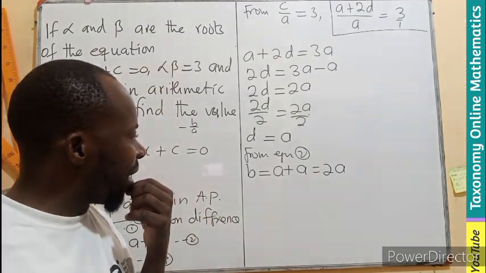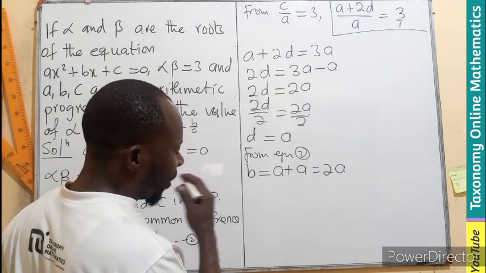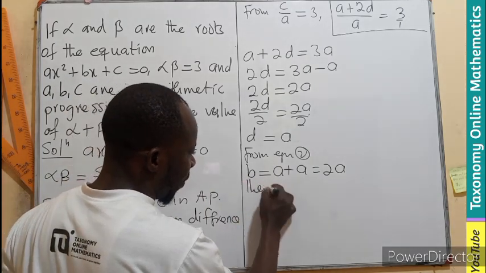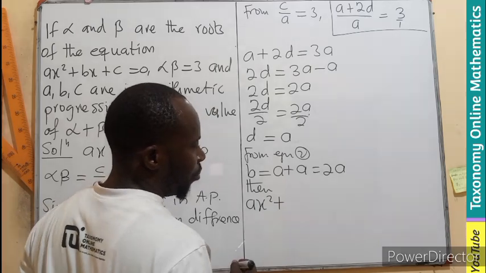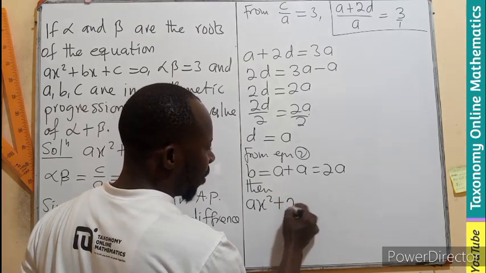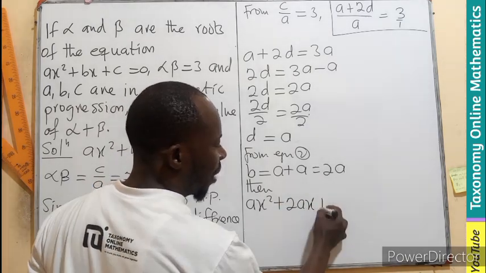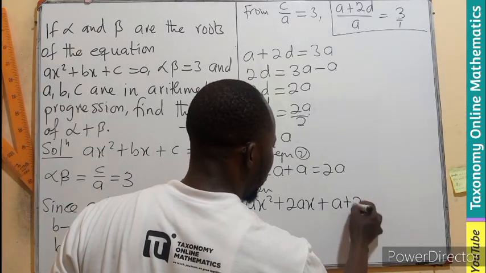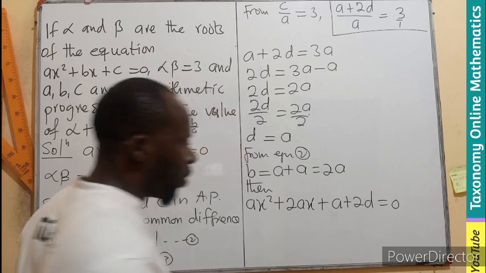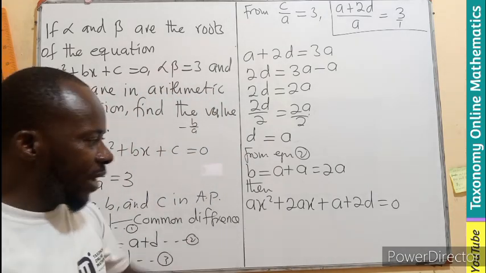So let's rewrite the equation again. I should be having ax squared plus b, which is now going to be 2ax, plus c, which is now going to be a plus 2d, equals 0.